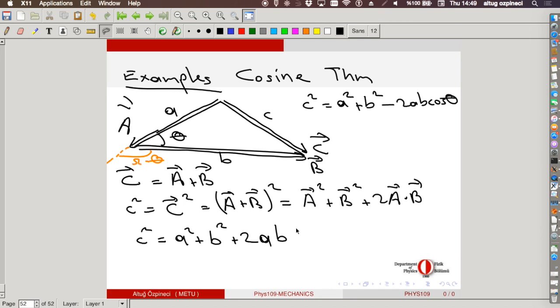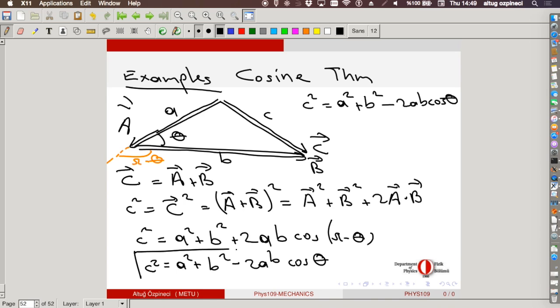So here we have cosine of pi minus theta, giving a squared plus b squared minus 2ab cosine theta. Okay, any questions on this one?